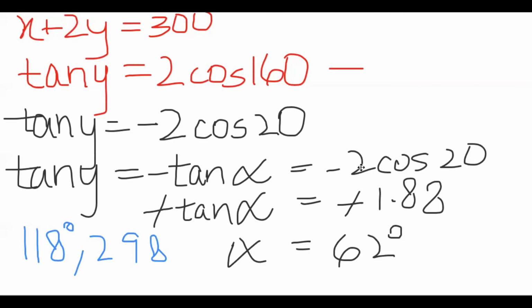Now, before we put any of the values in the initial first equation, x plus 2y is equal to 300, we need to check that both of them are positive angles. Yes, they are, as it is given in the question as well. However, we can only choose 118 degrees because this angle will satisfy the equation if we put it in the place of y. Otherwise 298 degrees would never satisfy the equation, and thus we're going to substitute 118 degrees for y.